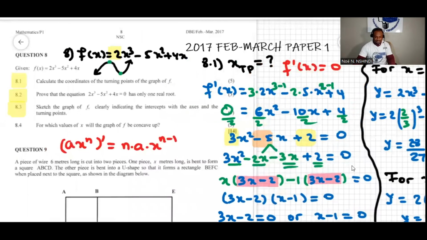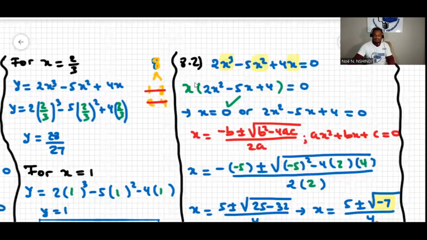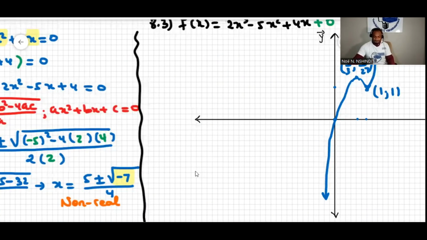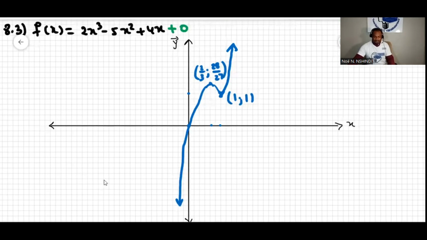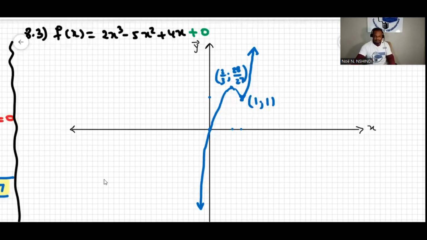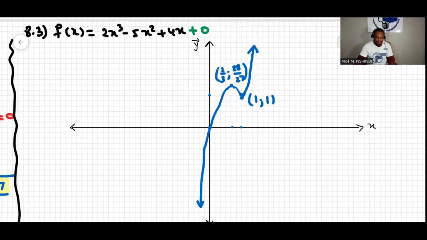The other question is question 8.4. The question says, for which values of x will the graph of f be concave up? Right. Let's see. So I move my board over here. Yeah, right here. 8.4.